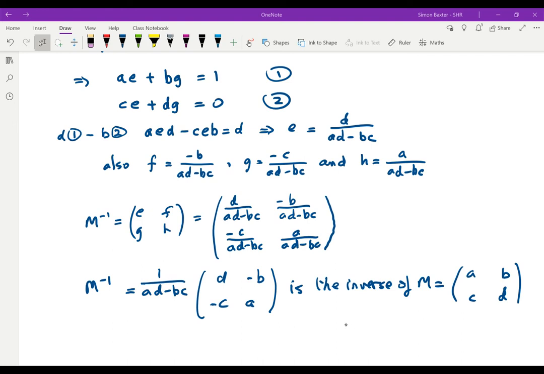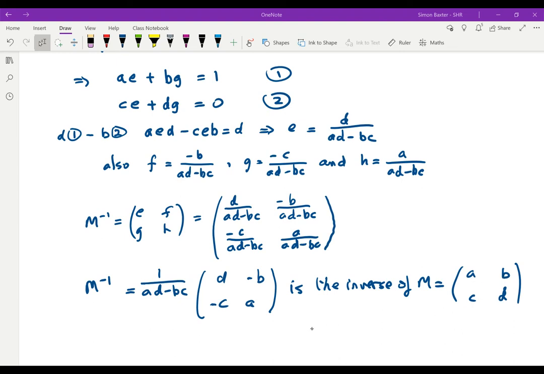Well, it's quite a simple process to write down the inverse starting with A. Firstly, we need this number here, AD minus BC. It's a sort of cross product, AD minus BC. This is called the determinant. We'll come to that more later.